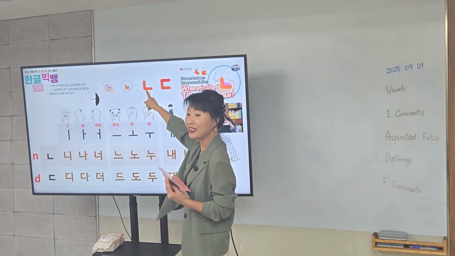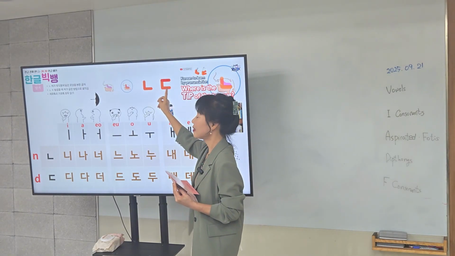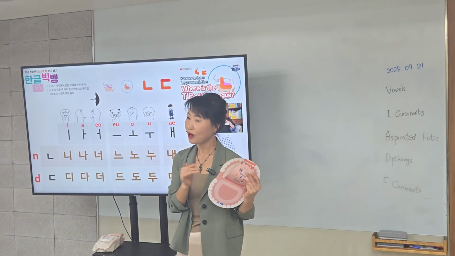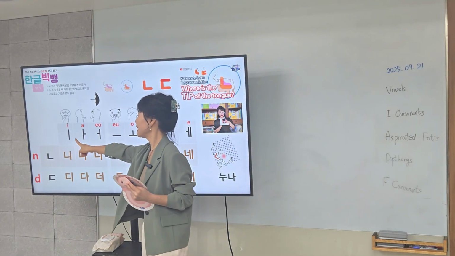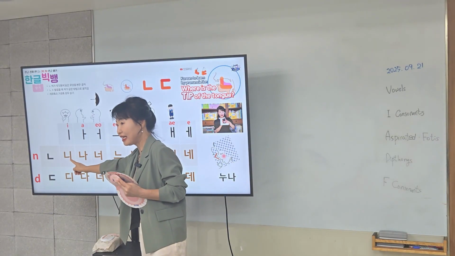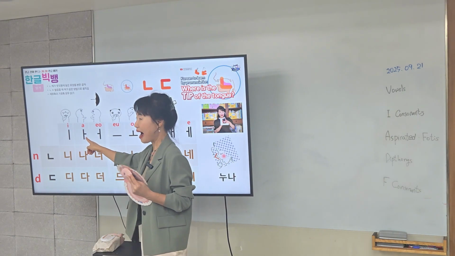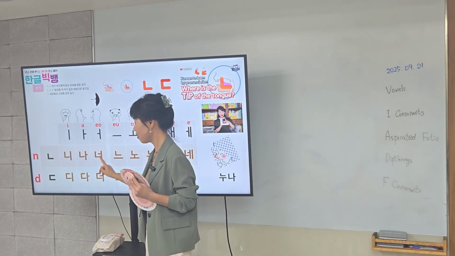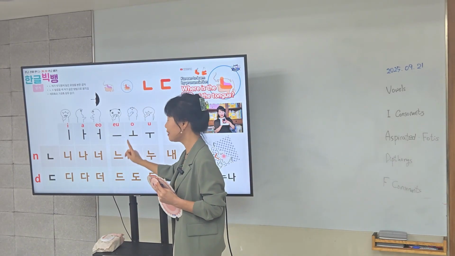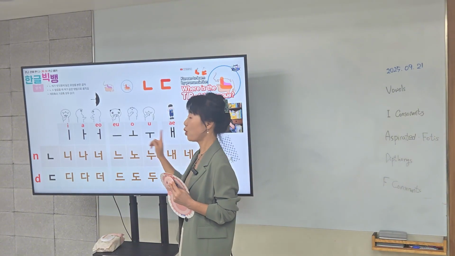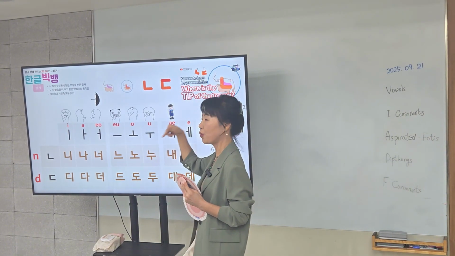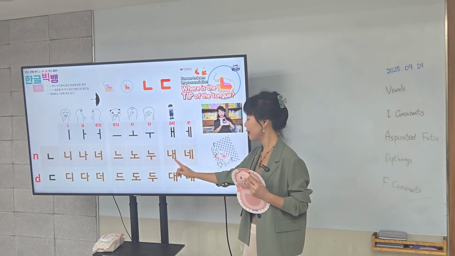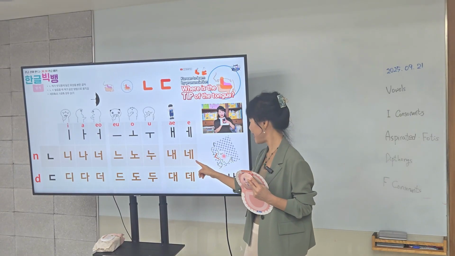Tu is a sound between D and T, but it is closer to T. Okay, so E, ni, ti, and A, na, ta, O, no, to, U, nu, tu, E, ne, te.